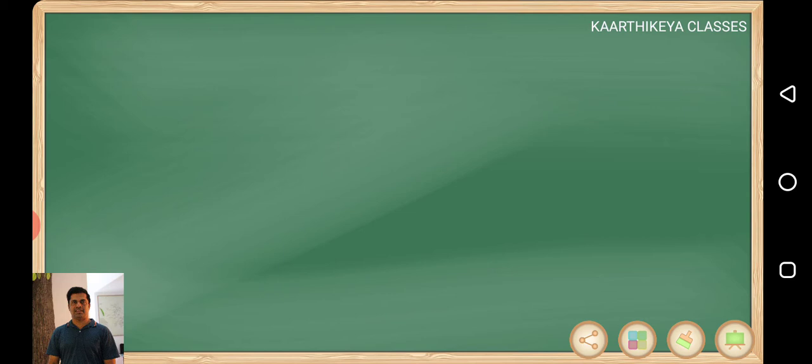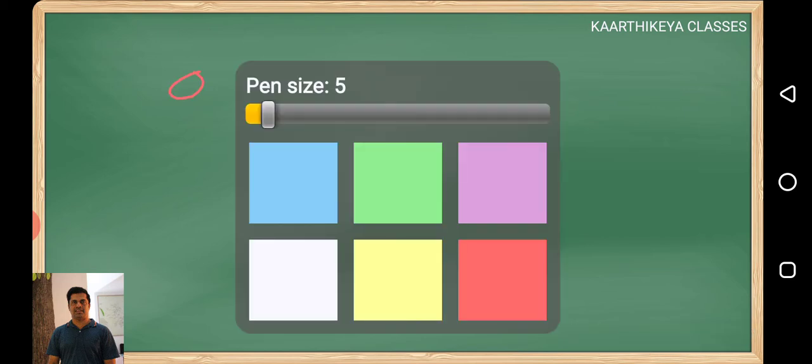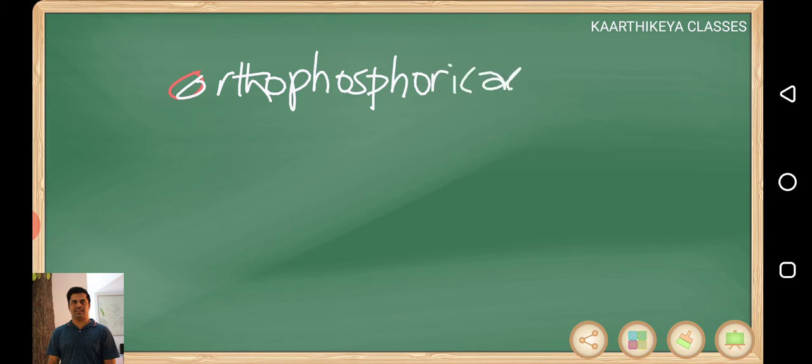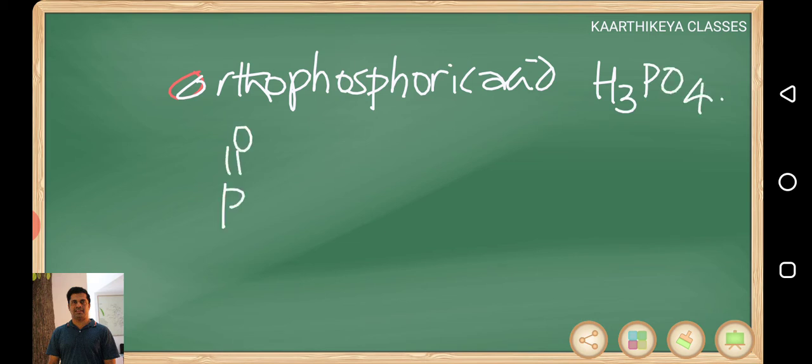In the -ic acid series, the second one is orthophosphoric acid. Orthophosphoric acid formula is H3PO4. It is the most common one.